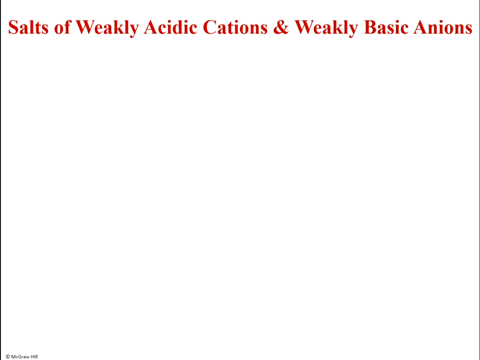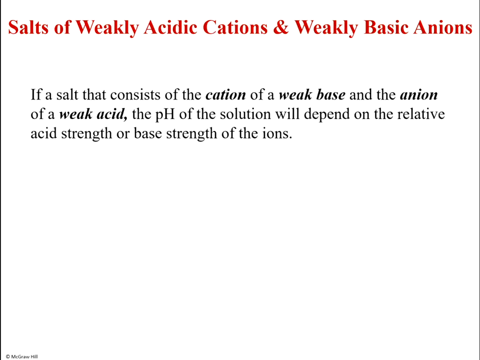Now, what about salts that contain a weakly acidic cation and a weakly basic anion? If a salt consists of the cation of a weak base and the anion of a weak acid, the pH of the solution depends on the relative strengths of the acid and the base. We can take, for example, ammonium cyanide.